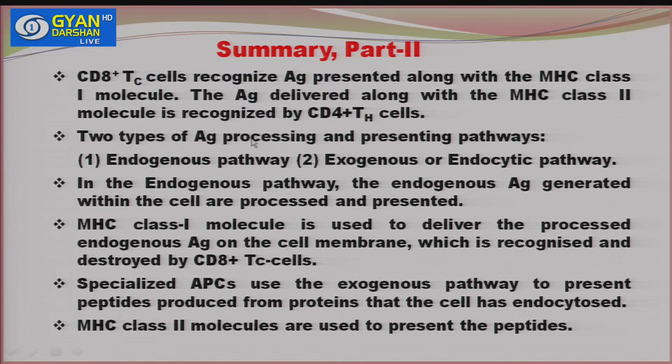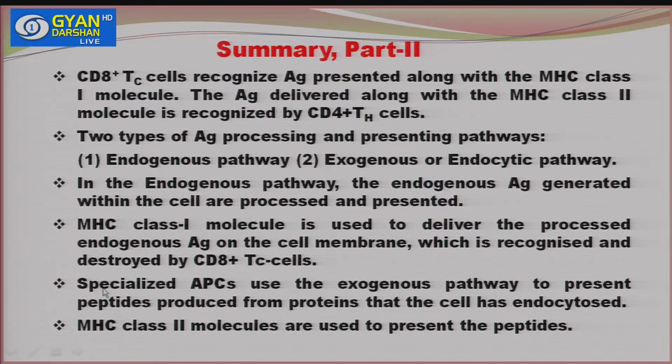There are two types of antigen processing and presenting pathways. You have learned the endogenous pathway and the exogenous pathway. In the endogenous pathway, the endogenous antigen is generated within the cell, processed and presented. MHC class first molecules are used to deliver the processed endogenous antigen onto the cell membrane, where it is recognized and destroyed by the CD8 positive T cells.